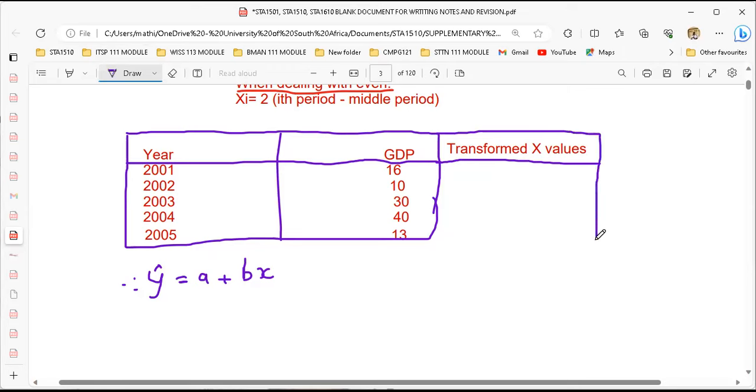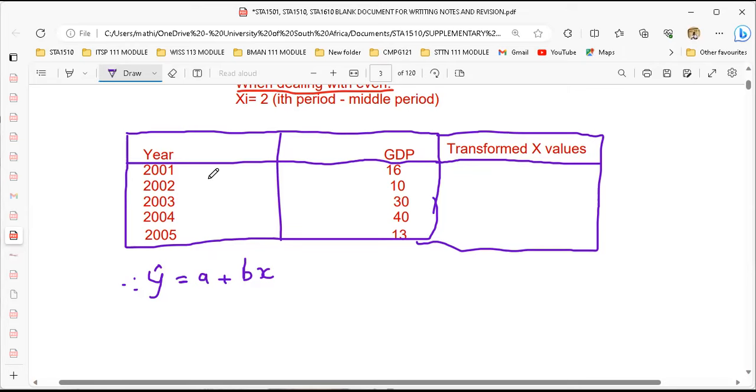Let me put something like this, and then go this side. Right, let's find the transformed values.